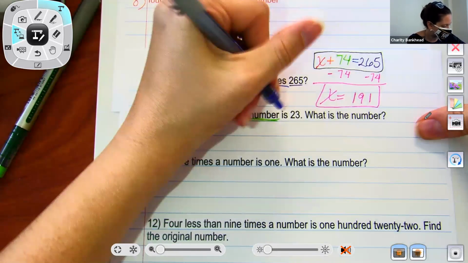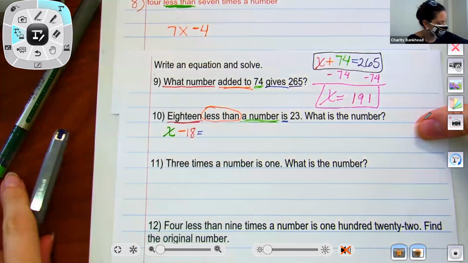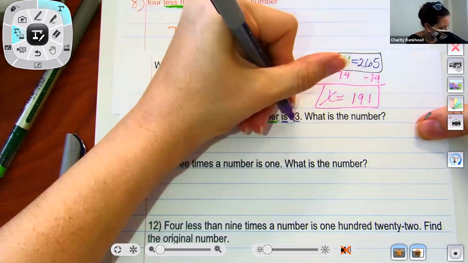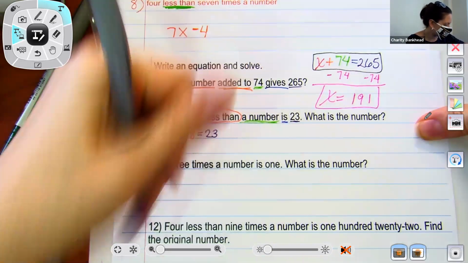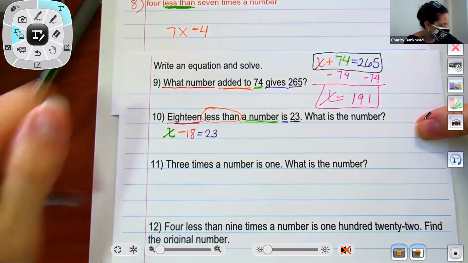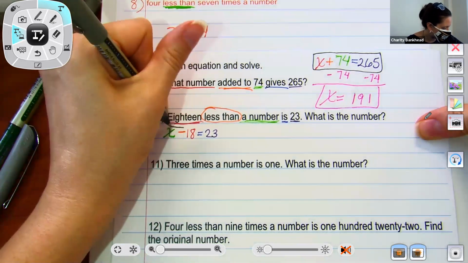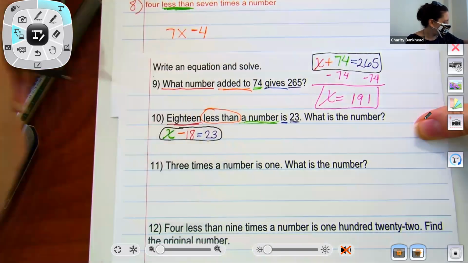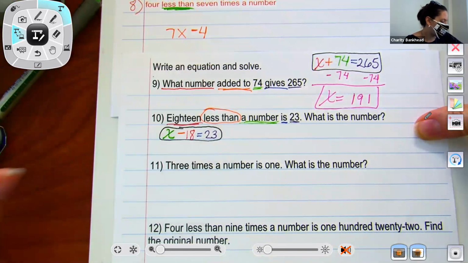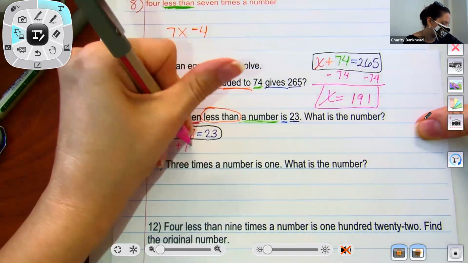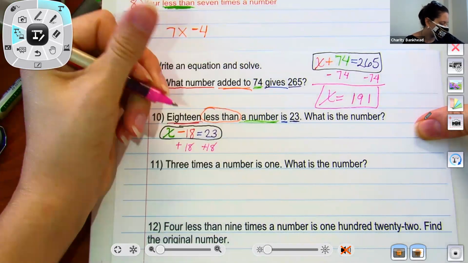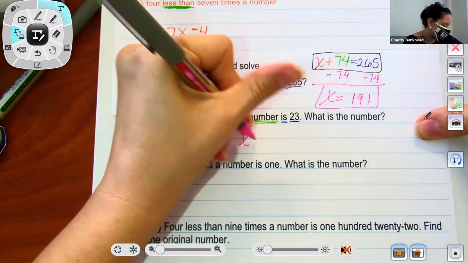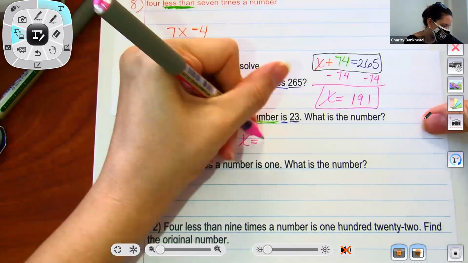Is, so that's equals 23. So x minus 18 equals 23. So that is the equation. And then to solve it, just add 18 to both sides. So that would give you x equals 41.